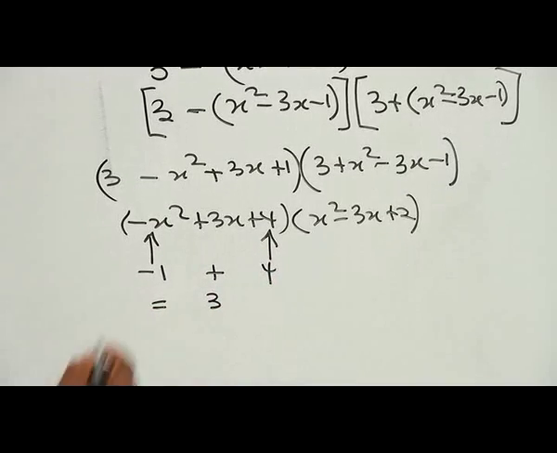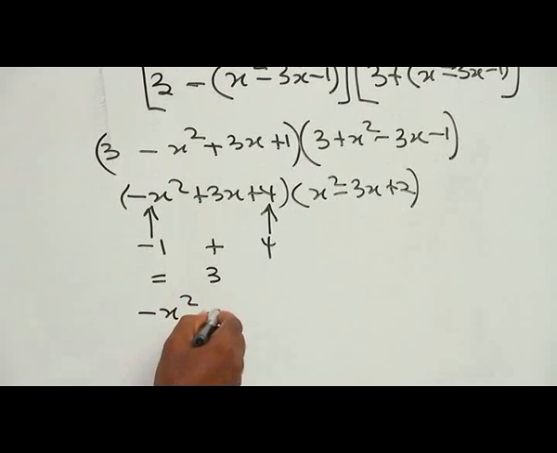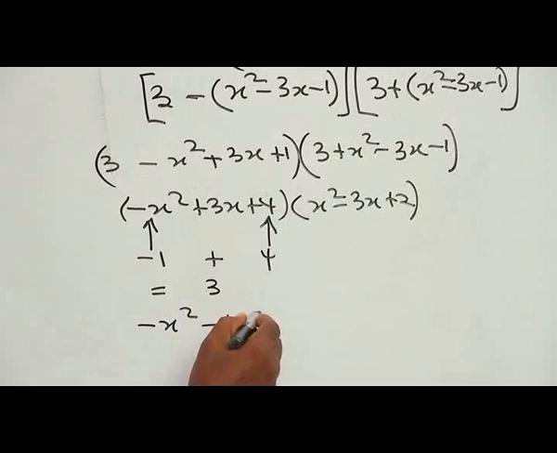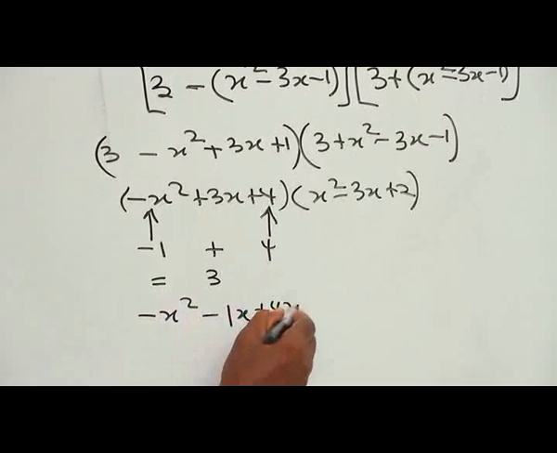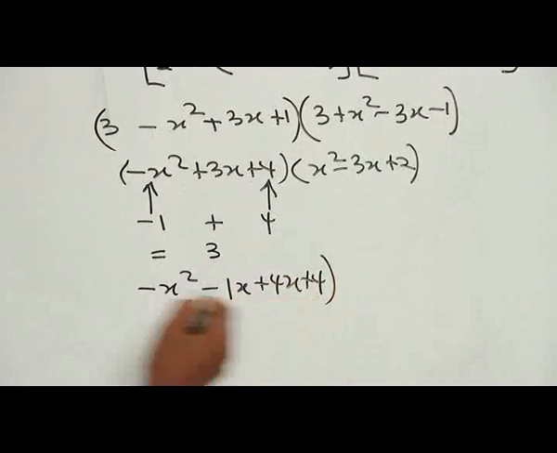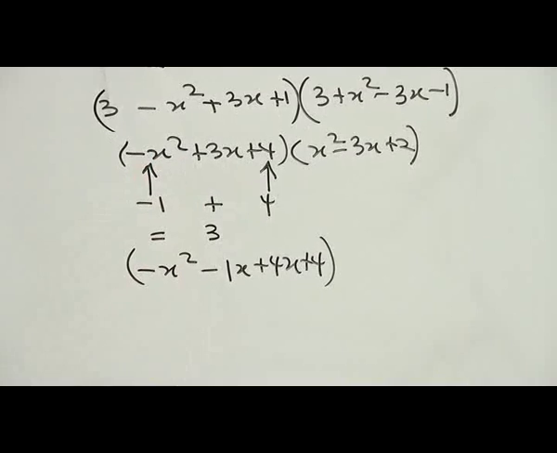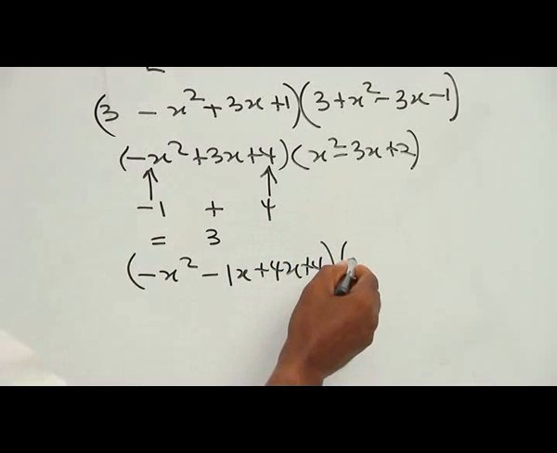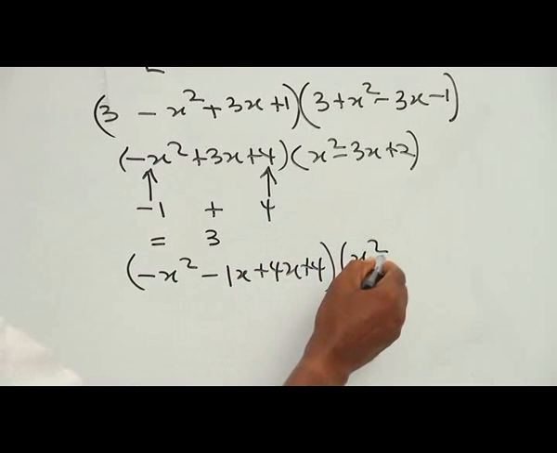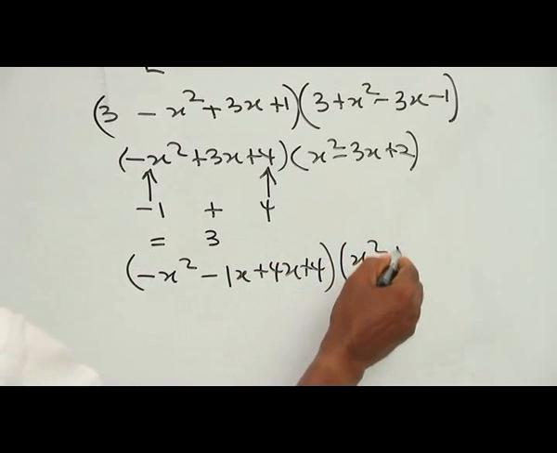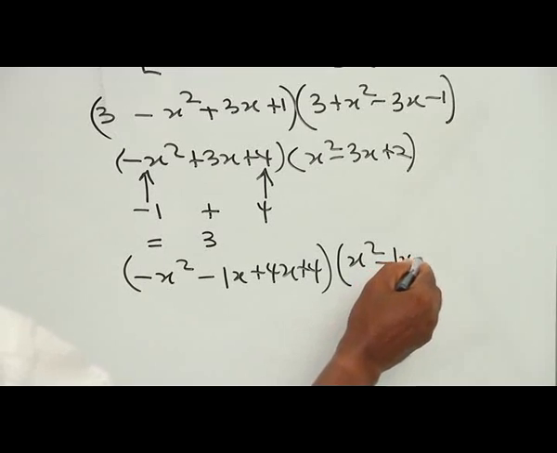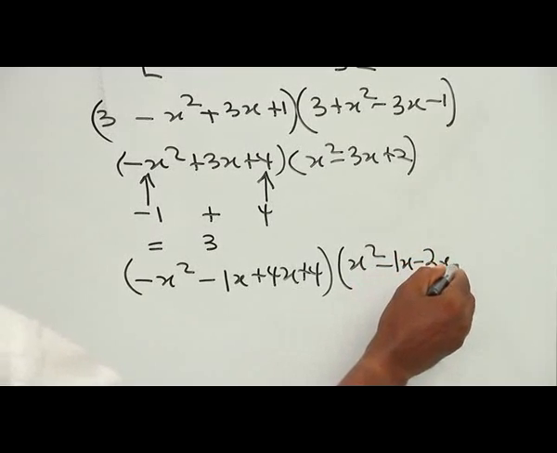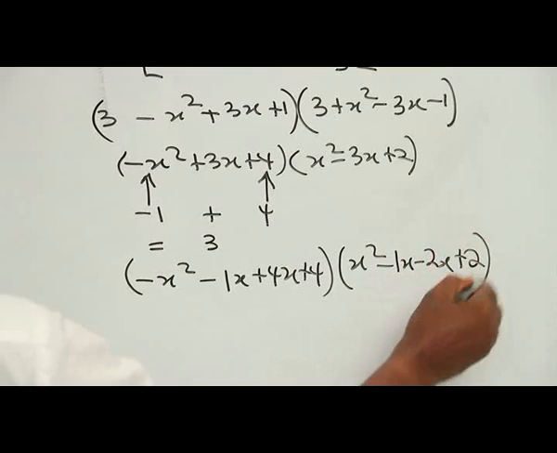So we can rewrite this one as minus s squared minus 1s plus 4s plus 4. And the first one. In the second case, you have s squared minus 1s minus 2s plus 2.